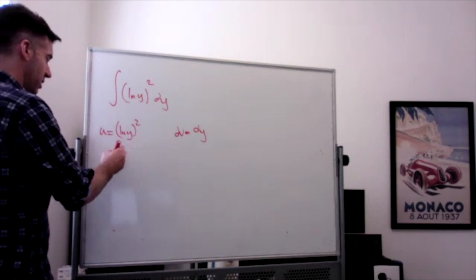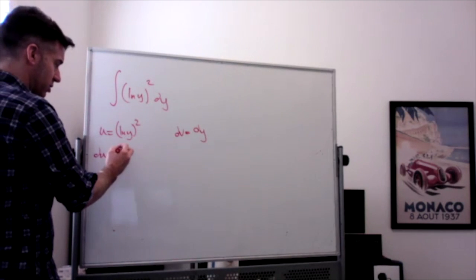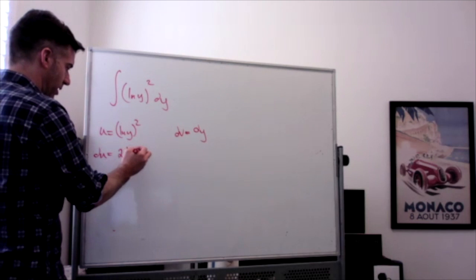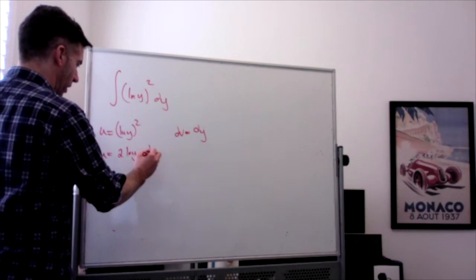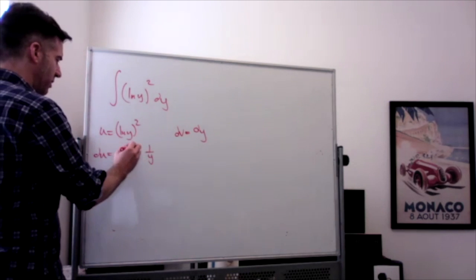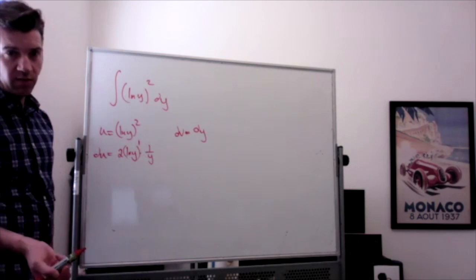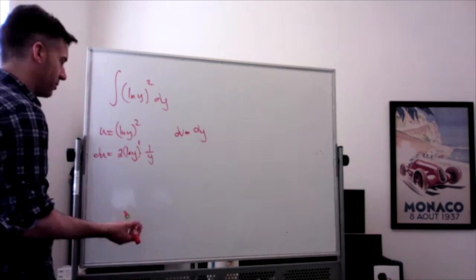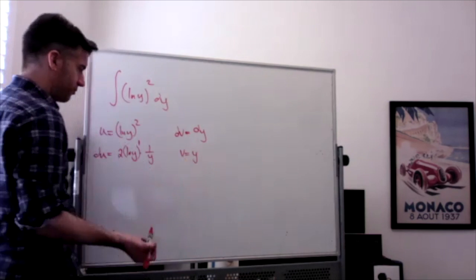So my du here, the derivative of the natural log of y squared, is 2 times natural log of y times the derivative of the natural log of y, which is 1 over y. I should point out, this is 2 times natural log of y to the first power. We're using the power rule and chain rule. My v is going to be just y.